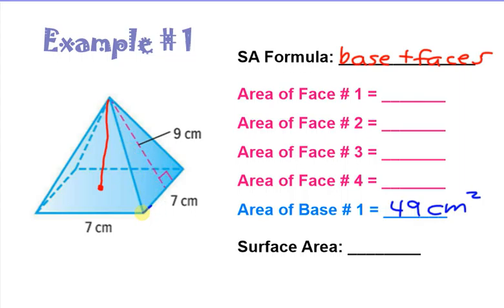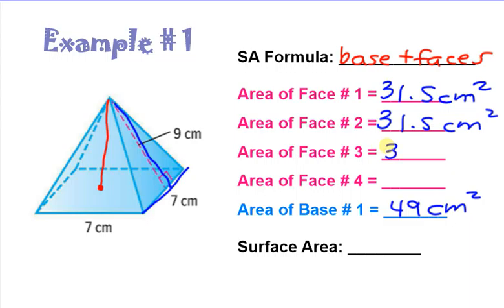So here for my triangle, I have a base of 7, and I have a height of 9. So 9 times 7 is going to be 63, and then you either divide that by 2 or do times 0.5, and you're going to get 31.5 centimeters squared. And because this is a square base, I know that that is the measurement for all of the triangular sides.